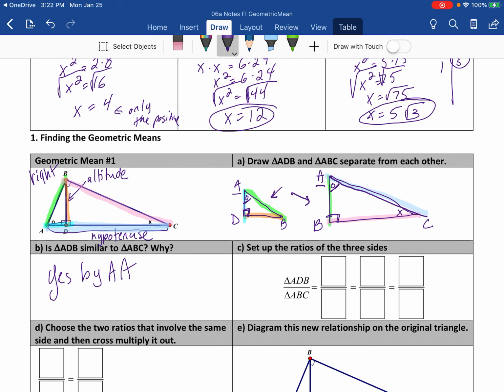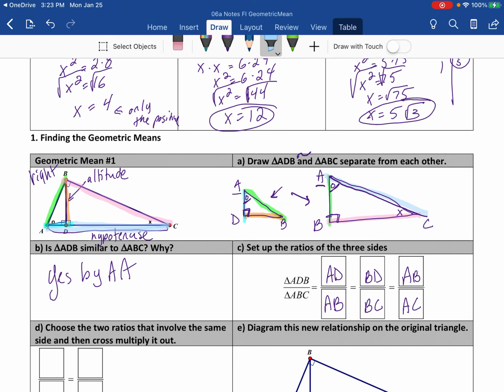If I know that ADB is similar to ABC, then I know side AD over AB is equal to BD over BC, which is equal to AB over AC. I always write in alphabetical order. Okay, it's our statement of proportionality from our last unit. And it says choose the two ratios that involve the same side and cross multiply out.